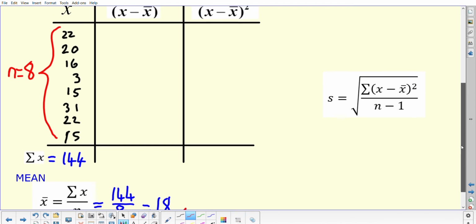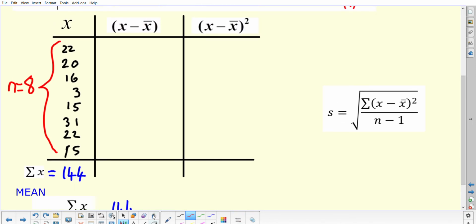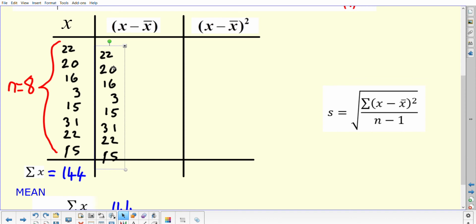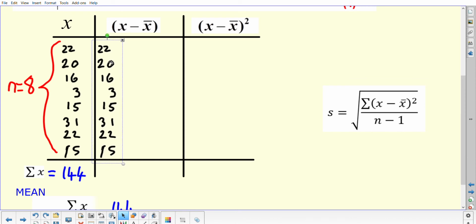What you then do with that mean value is you take all your x's that you've written here, and for each of them in this second column, you are going to be subtracting the mean value.